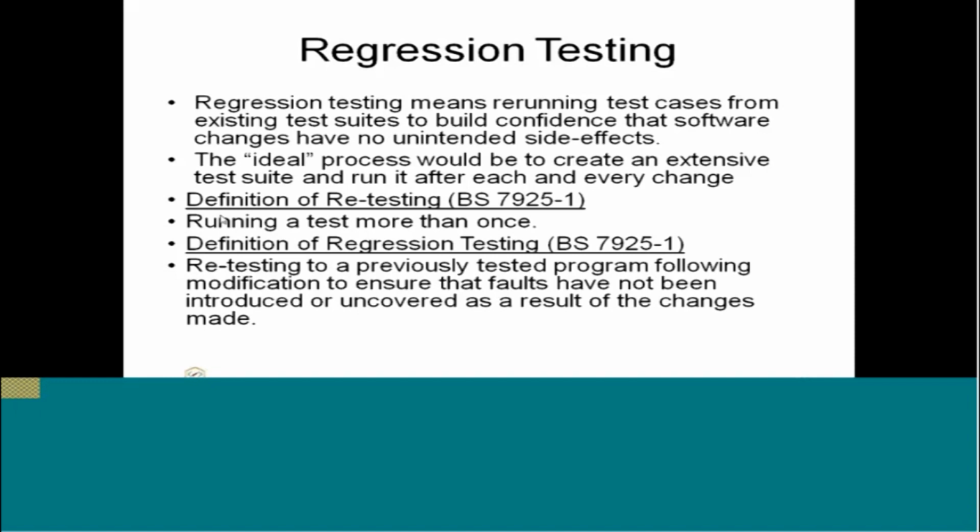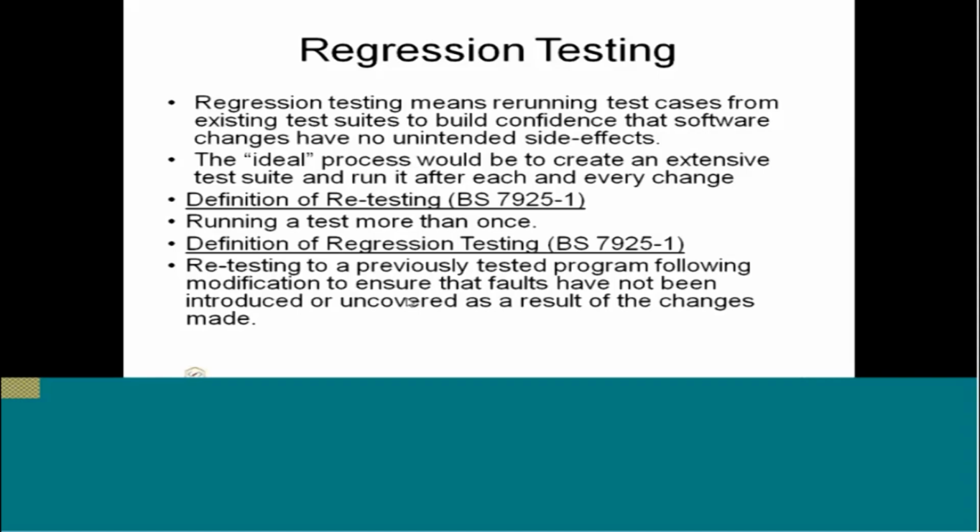The definition of retesting, based on standard 29119-1 (as transcribed, 79251), says it is running a test more than once. That means the same test is getting repeated. Another definition is retesting a previously tested program following modification, to ensure that faults have not been introduced or uncovered as a result of the changes made.